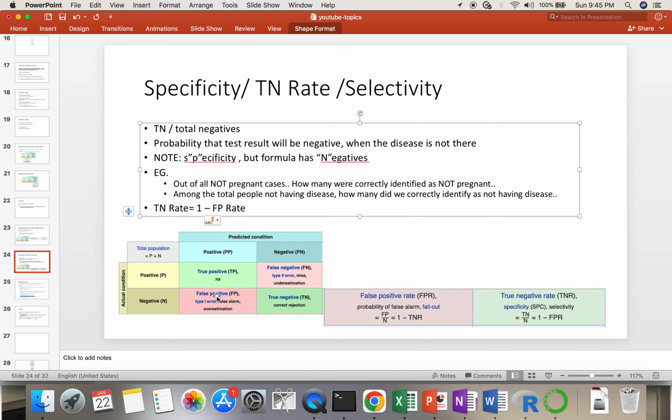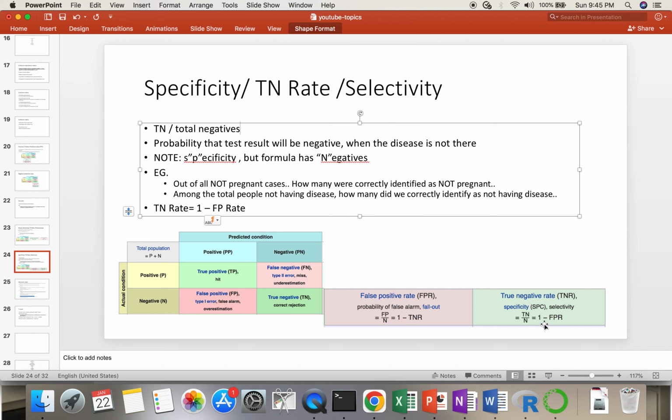So the denominator will be the false positives plus true negatives, which is total negatives, simply indicated as n. And specificity is how many we actually identify as negative, that is true negatives in the numerator. When we do true negatives by total negatives, we get specificity, also called true negative rate or selectivity.